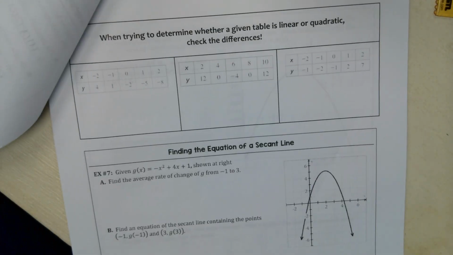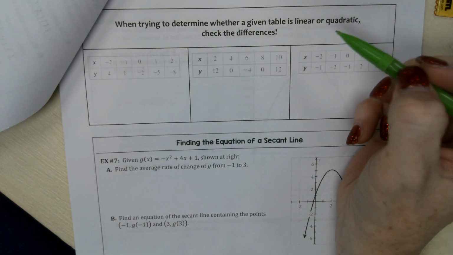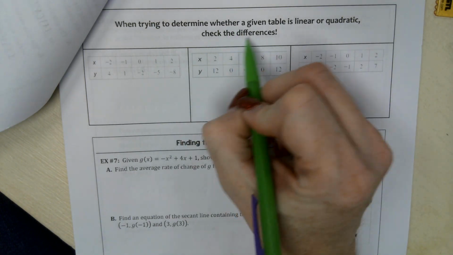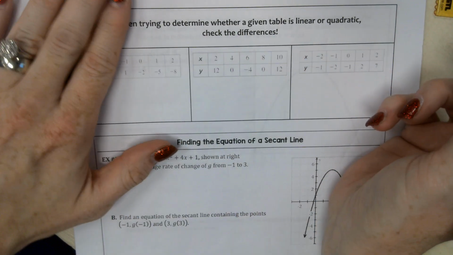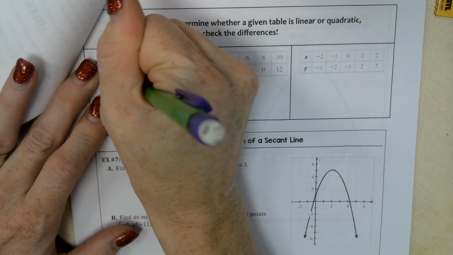Okay. Now, let's take a trip to something easier for a second. Okay? All right. When you're trying to determine whether a given table represents a linear or quadratic function, we want to check the differences. All right. What do we know about linear functions? They should constantly increase at the same rate. All right. Right here.